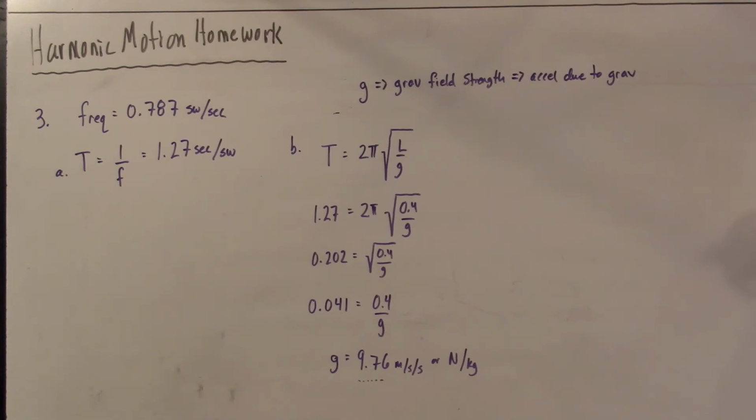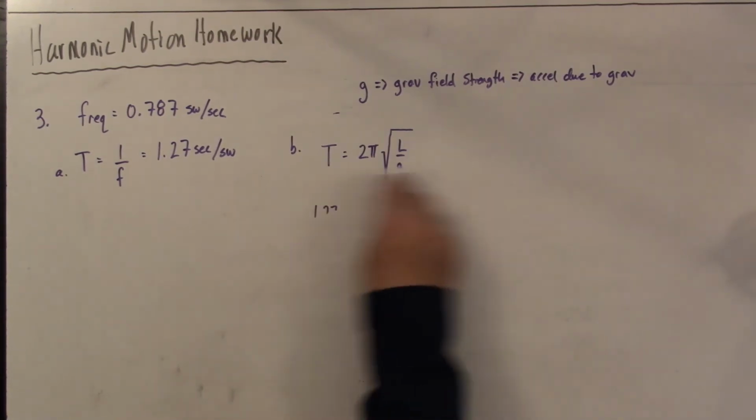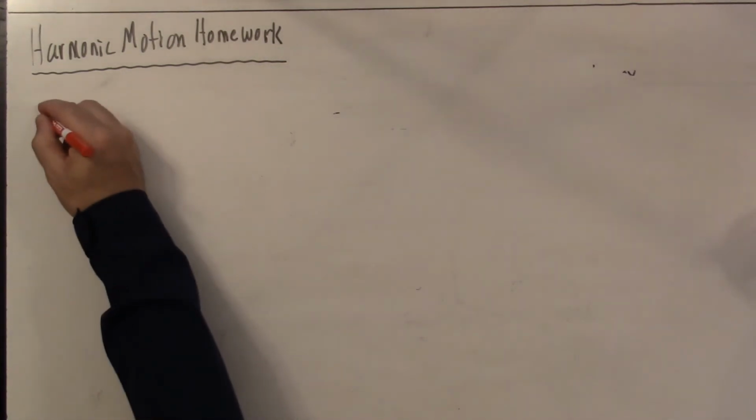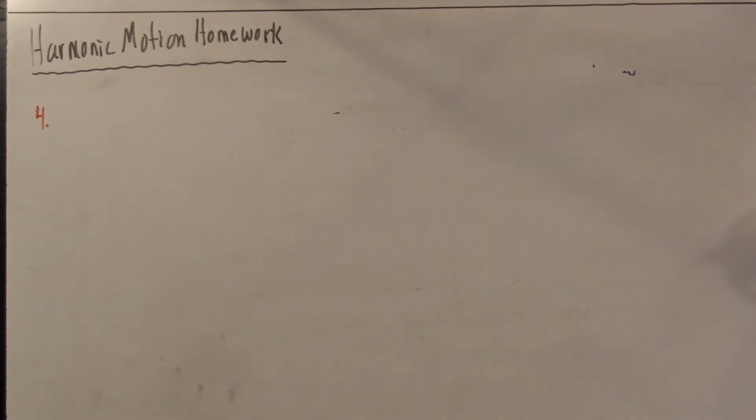All right, let's reset and let's move on to number 4. Number 4 says, originally, when a group of really smart people got together to make up the metric system, they defined 1 second as, in quotations, 1/2 the period of a pendulum with length 1 meter.